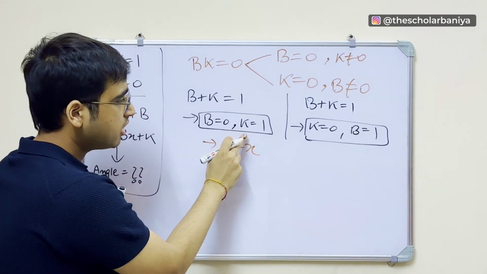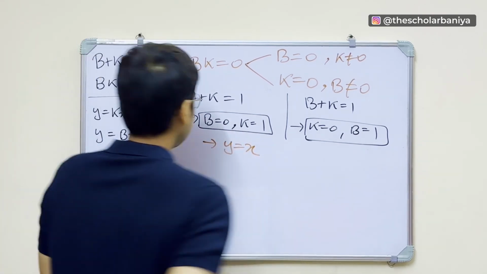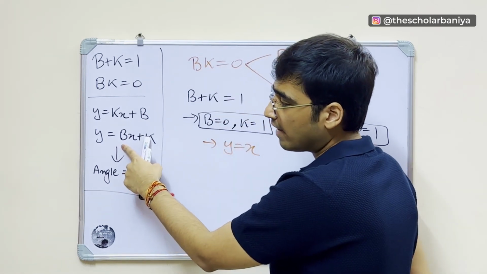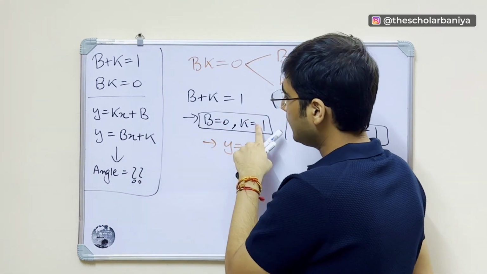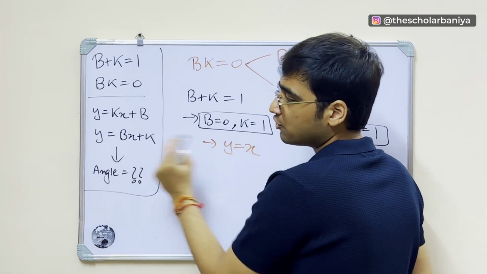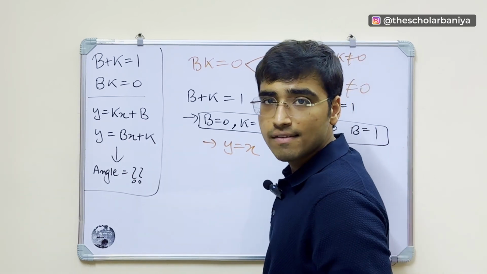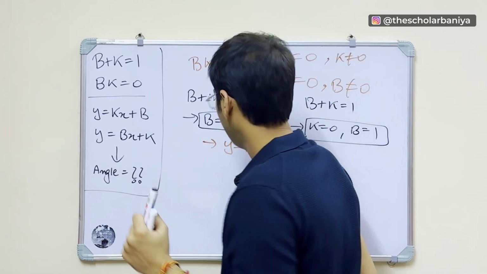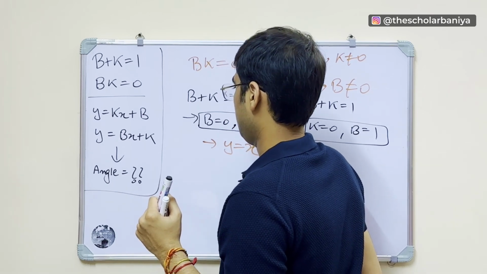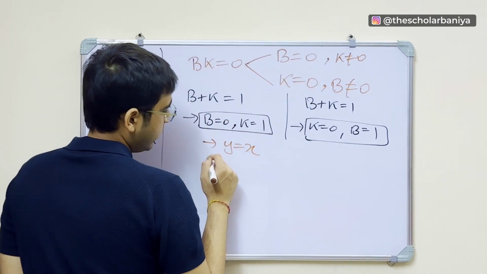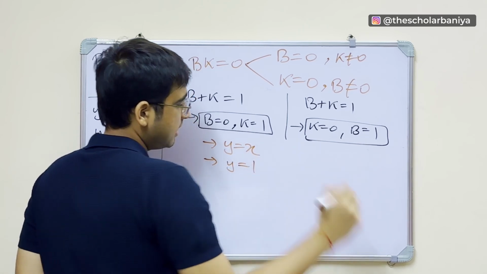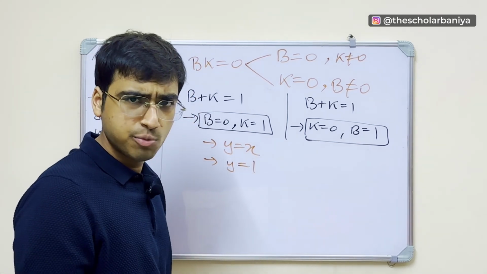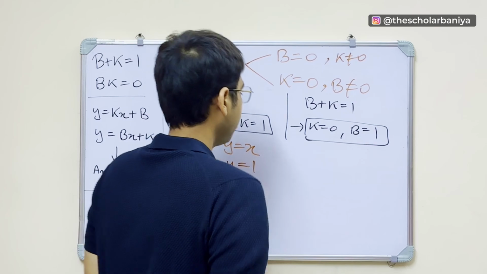I hope that we just put the values and we find this. Similarly, the second equation is y is equal to bx plus k. So b is 0 and k is 1. So what will be the equation? The equation will be y is equal to 1. I hope this should be pretty clear.